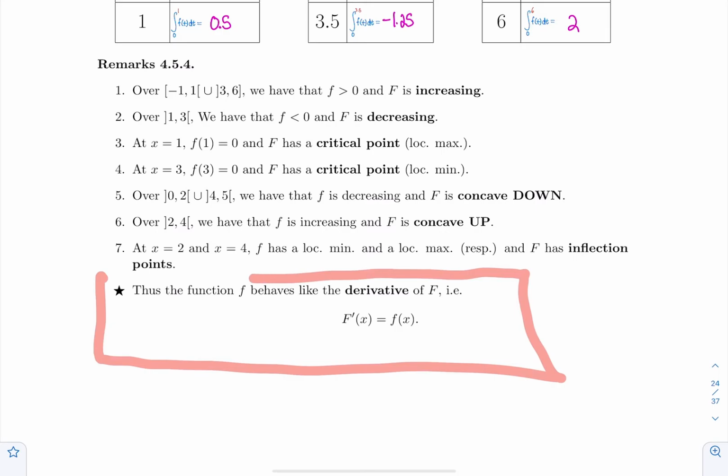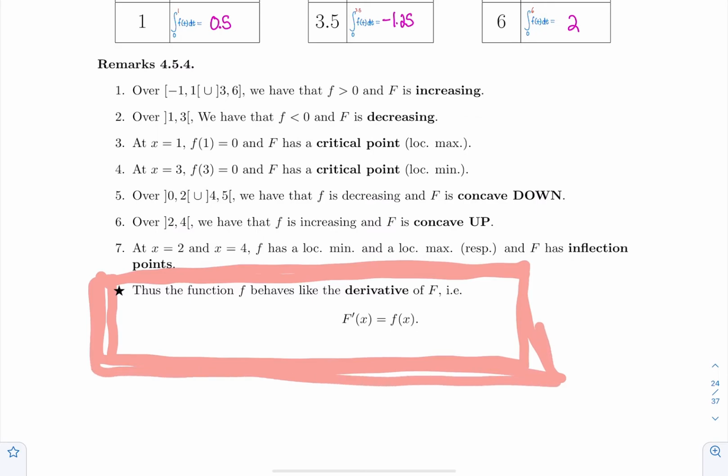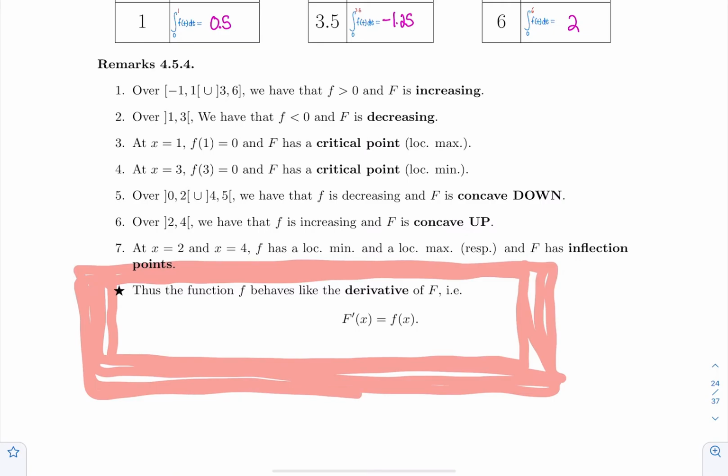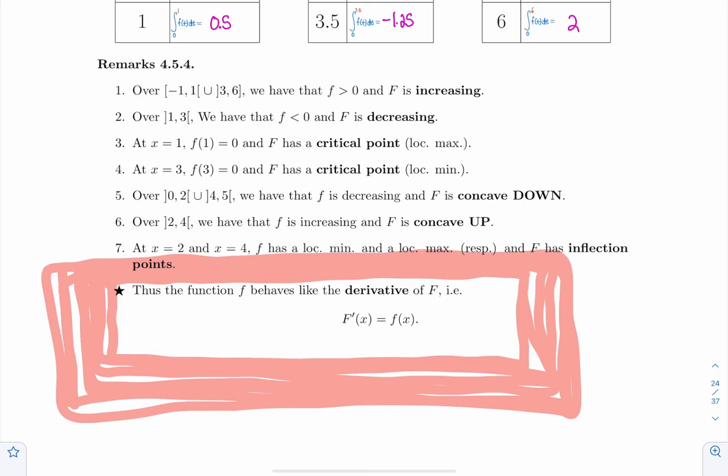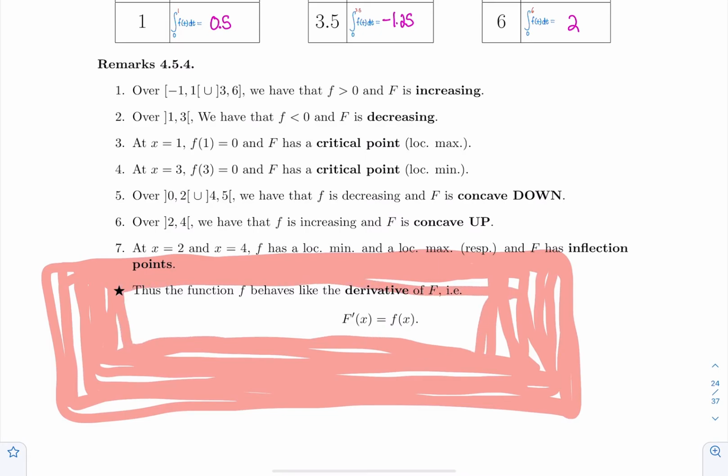Or in other words, that surface function is a primitive for small f. Aha, it is a primitive. So when you construct a surface function on top of a function small f, that surface function is a perfect candidate for a primitive, and that will give birth to the second fundamental theorem of calculus.